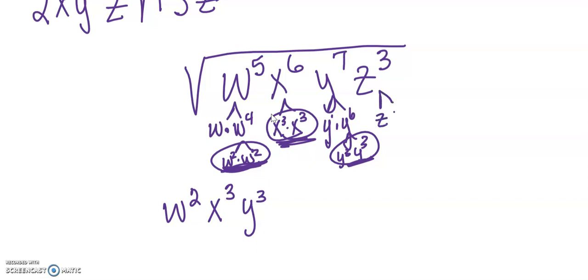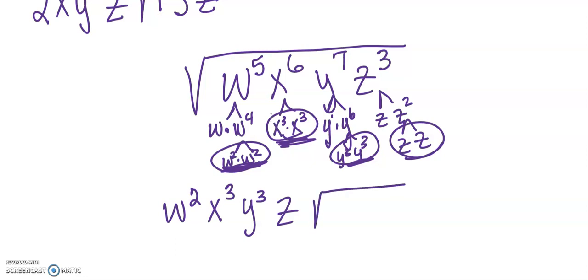We'll take the odd one out. That leaves z squared, and that can be written as z times z. So the z can come out. Whatever is left over remains in. So w, y, and z will remain in the radical. Okay? Good luck.